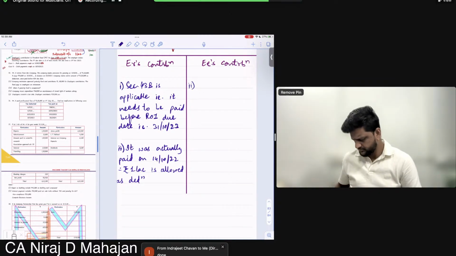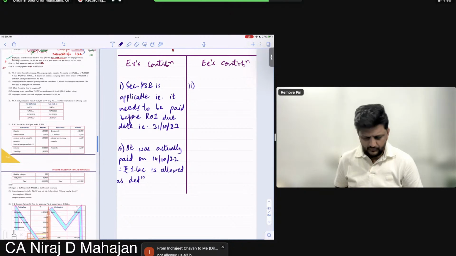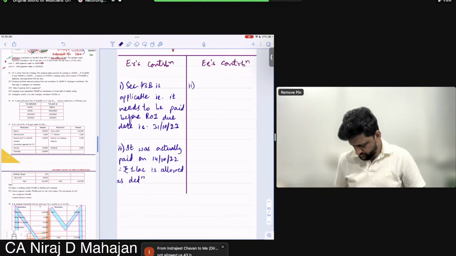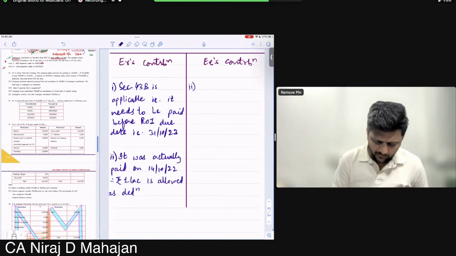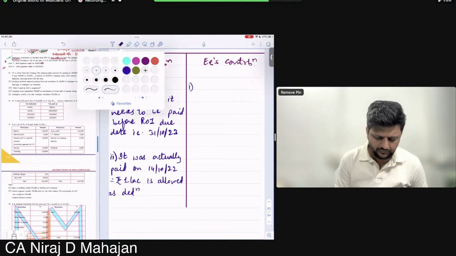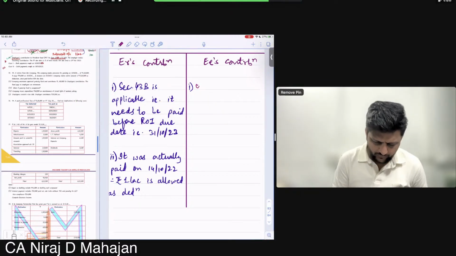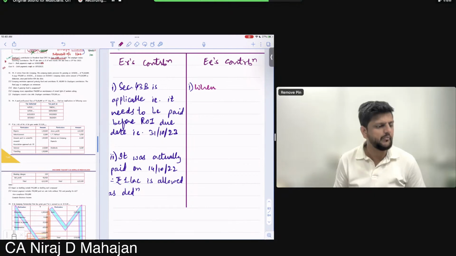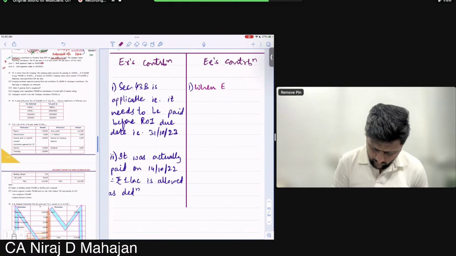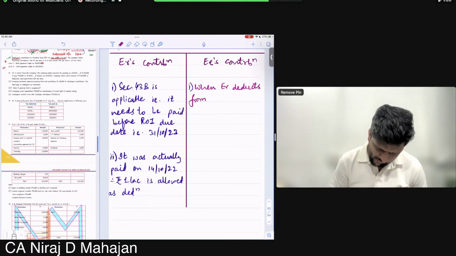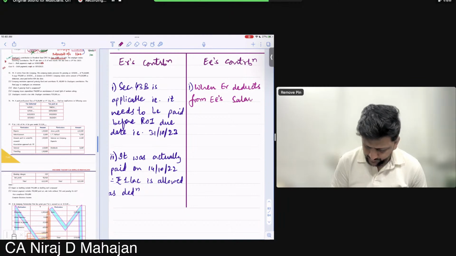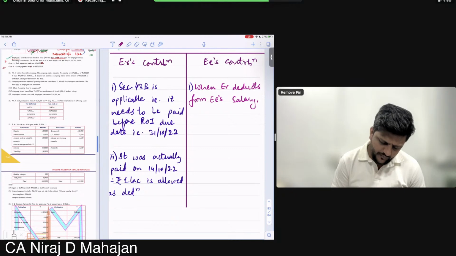Employee's contribution. Write down. When the employer deducts from the employee's salary, it is added where?